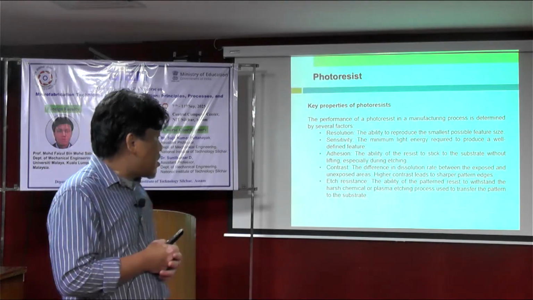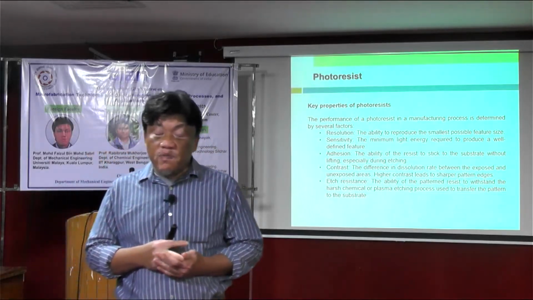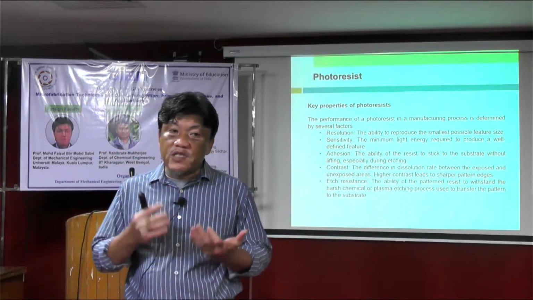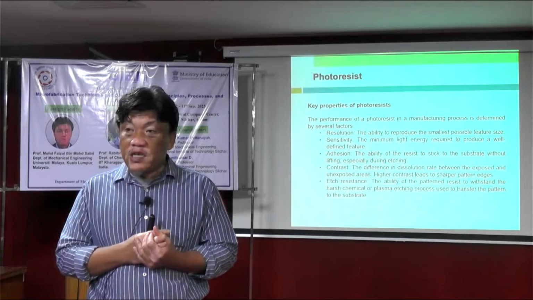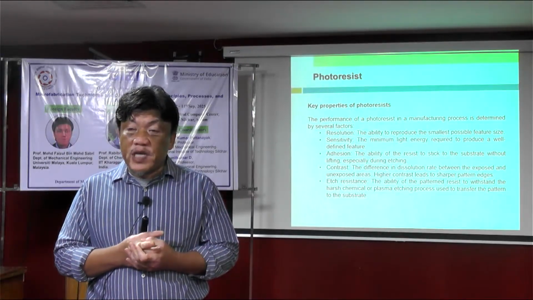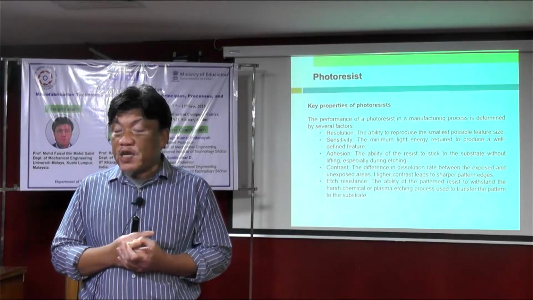So etch resistance matters because we want to develop the pattern later on, meaning, in the case of a silicon substrate, you want to expose the silicon to chemicals or to deep RIE in order to develop the structure.